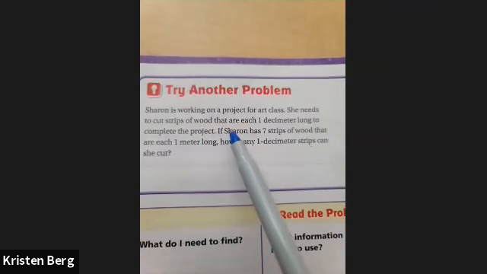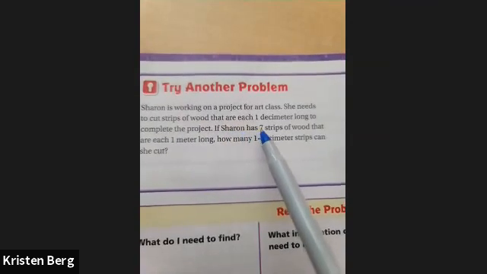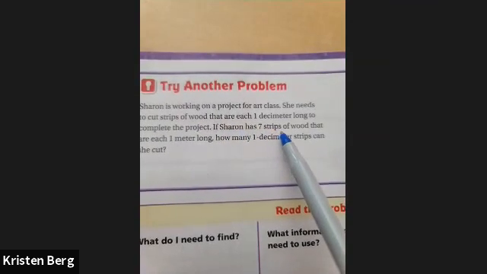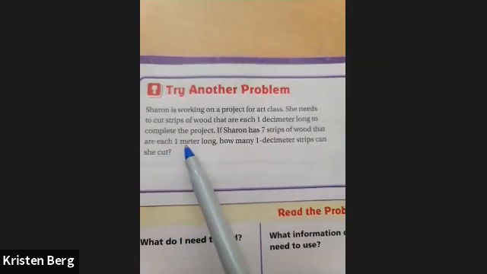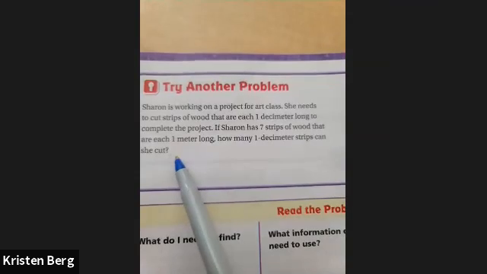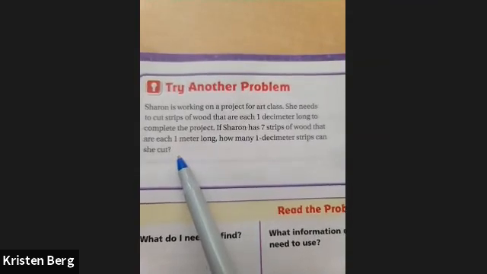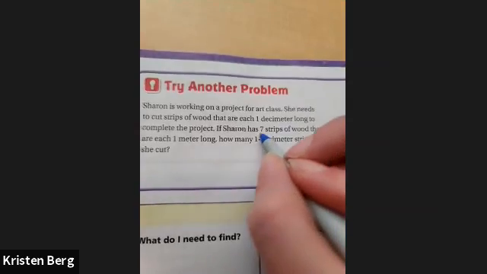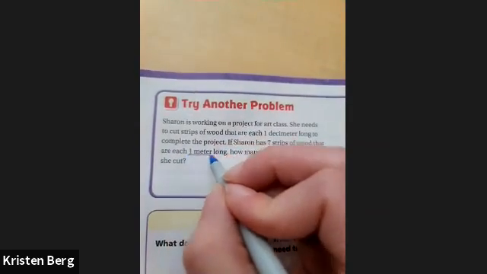If Sharon uses 7 strips of wood that are 1 meter long, how many 1 decimeter strips can she cut from it?